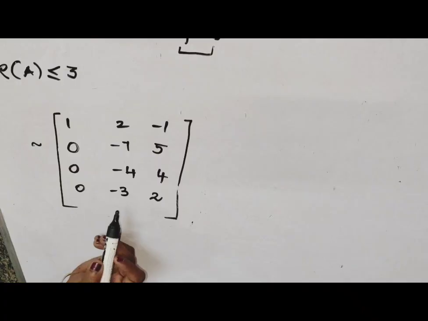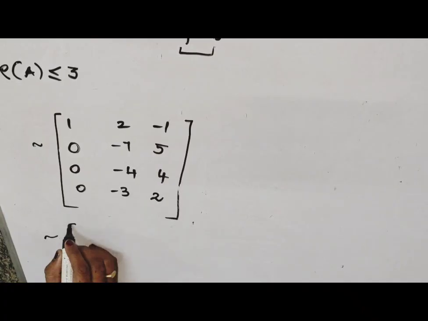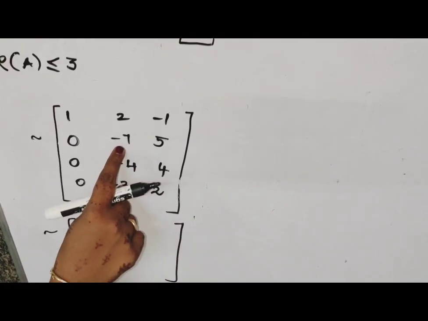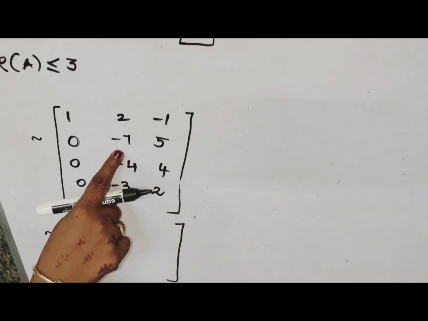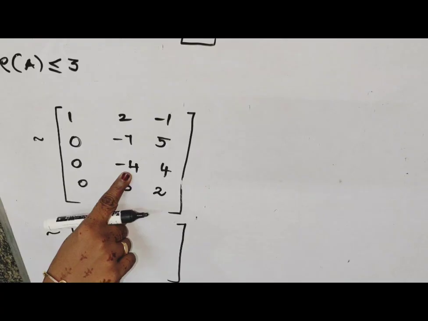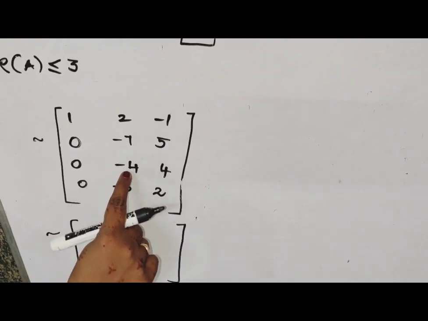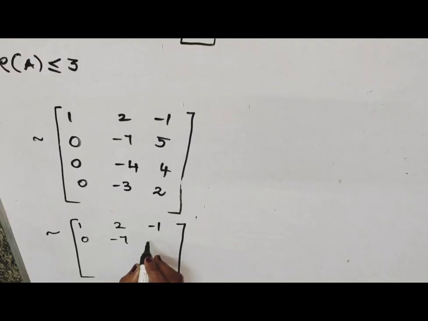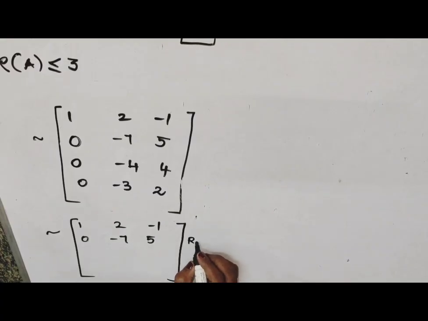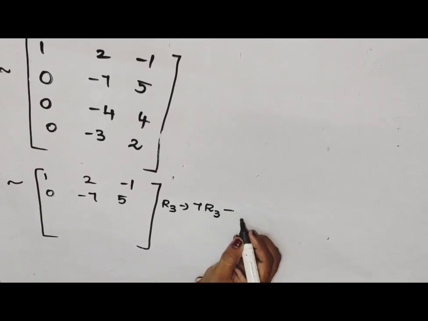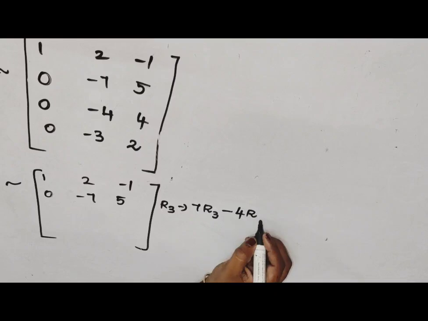Next we have to make this place 0. For that we can make use of this row. But in this row we have 7, and here we have 4. In the 7 table we don't have 4, and in the 4 table we don't have 7. So the third row you multiply by 7, and the second row you multiply by 4. Then both places will get the same number and you perform the subtraction. The first row I am going to keep as it is. The second row also we keep as it is. Third row R3 implies 7R3 minus 4R2.